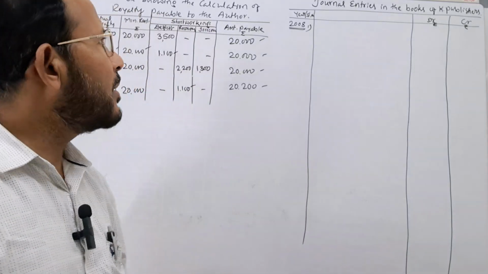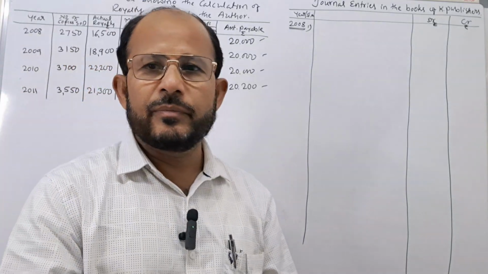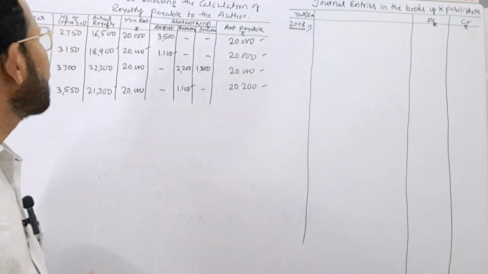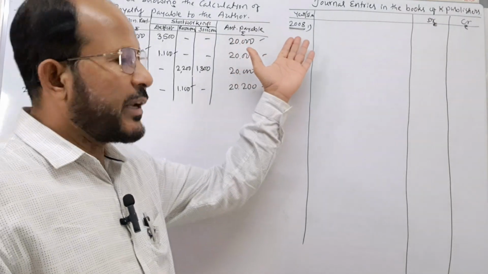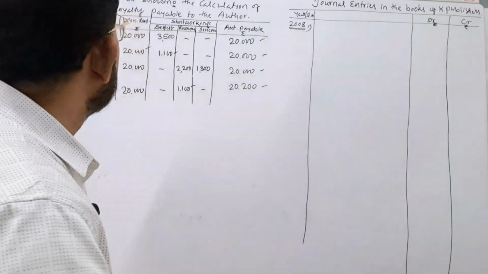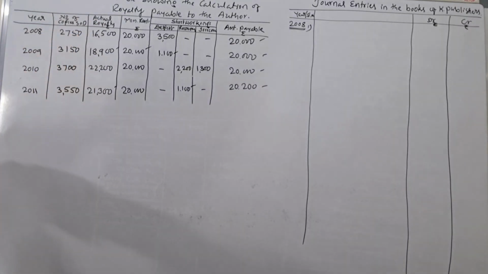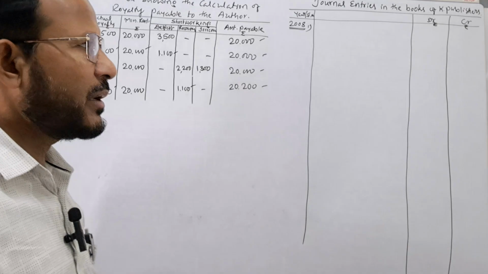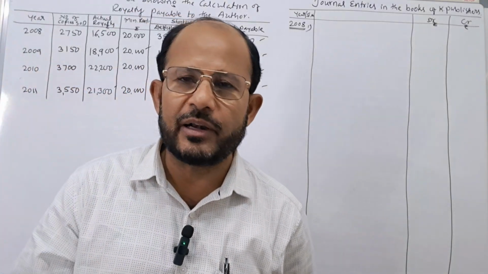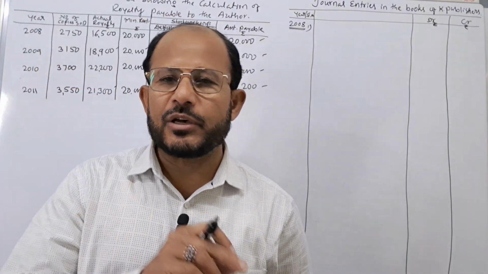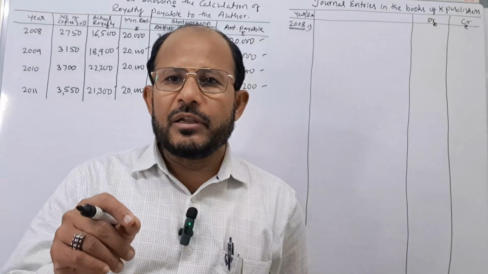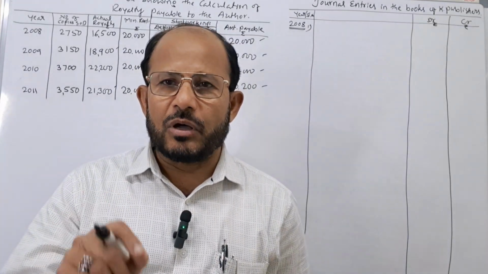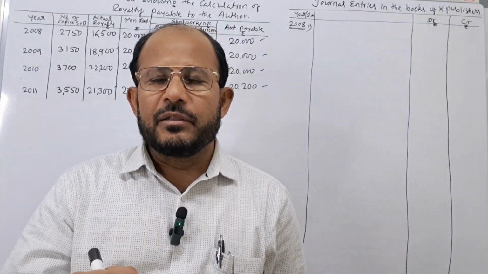Okay, now we will pass the journal entries with the help of this table. In the year 2008, just see the table, actual royalty is less than the minimum rent. Actual royalty is 16,500 and minimum rent is 20,000. Therefore, whenever the royalty is payable to the author, we pass one entry.